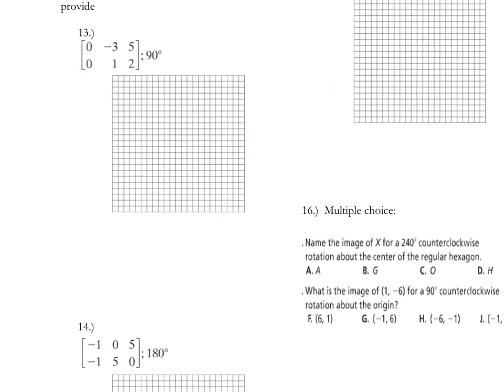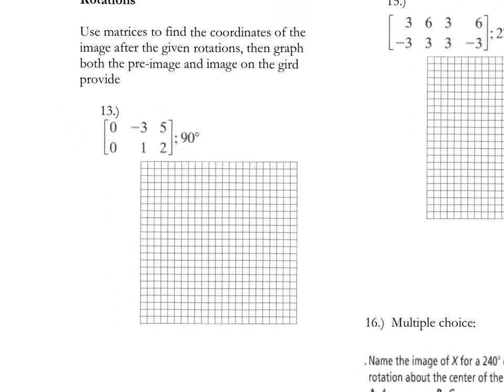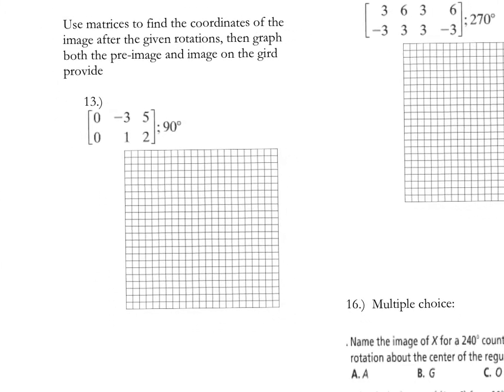Okay, so then now what if you have to rotate it? So you go to your sheet that says 90 degrees, you have this 1, 0, negative 1, 1, 0, times 0, negative 3, 5, 0, 1, 2. So I'm going to slow down and multiply these slowly because I think that's what people are having a problem with.